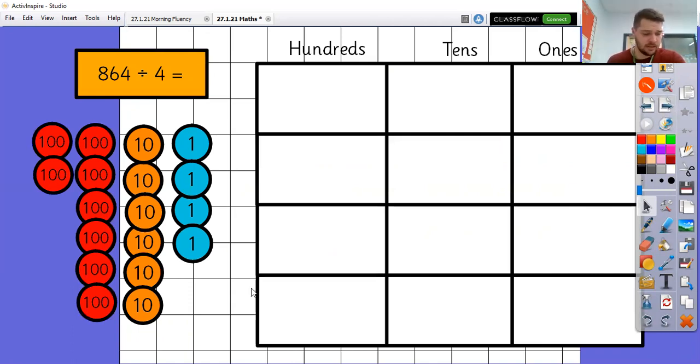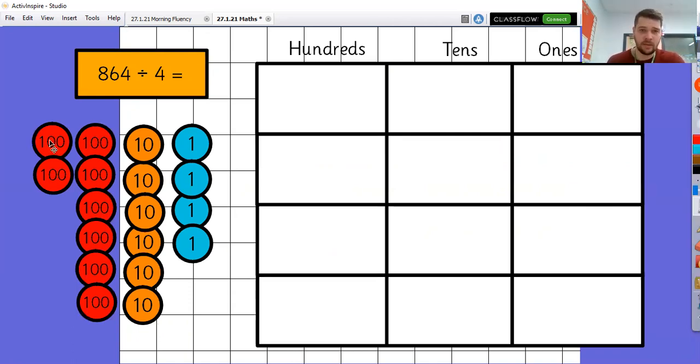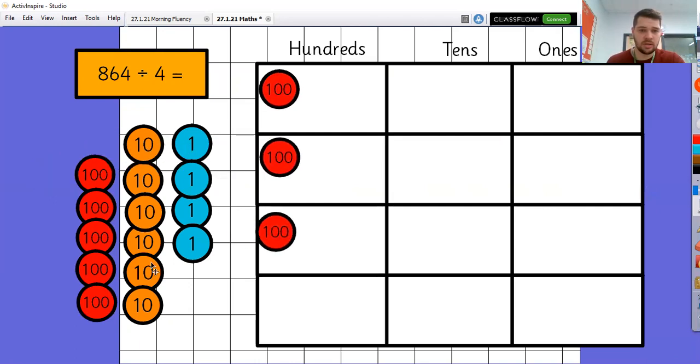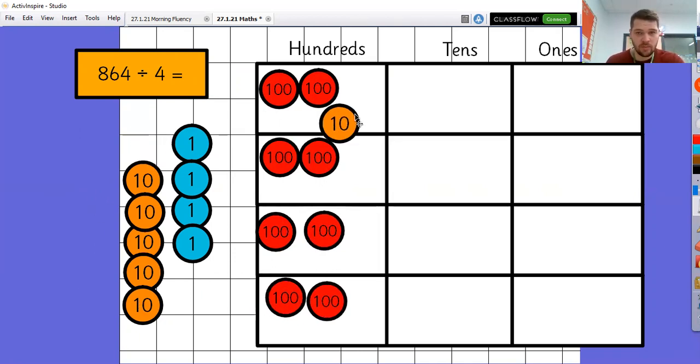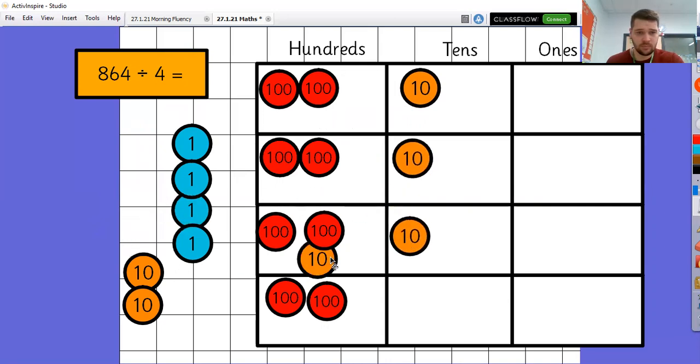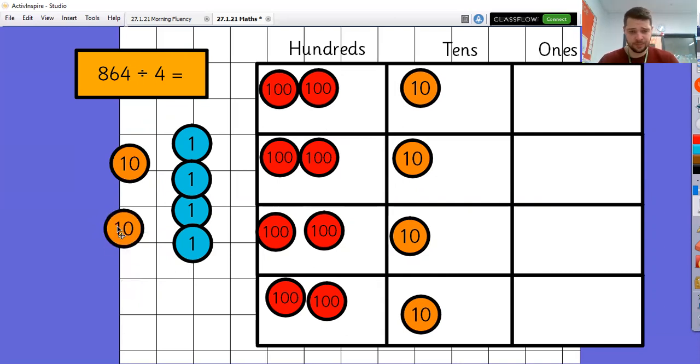Let's try this one here. Let's start with our hundreds. Share those equally. Hundreds, success, equal groups. 10s. Oh, not quite with my 10s because I'm going to have these left over now.